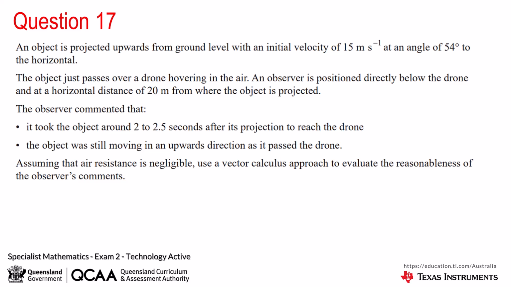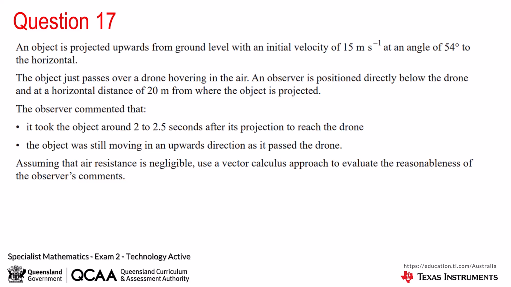And we can therefore say that v of t is equal to 15 cos 54 degrees i plus (15 sine 54 degrees minus 9.8 t) j. That is our vector for the velocity of the object.